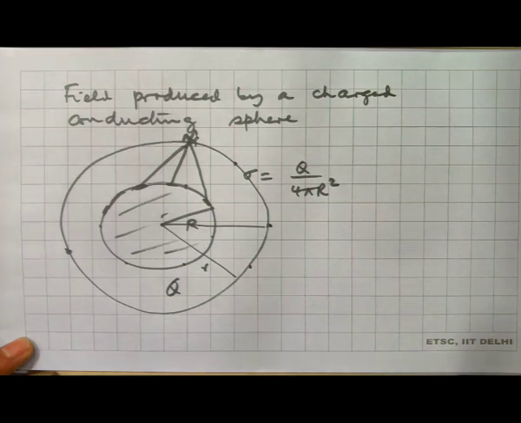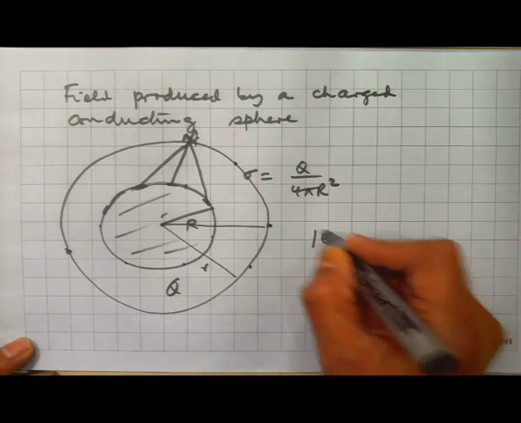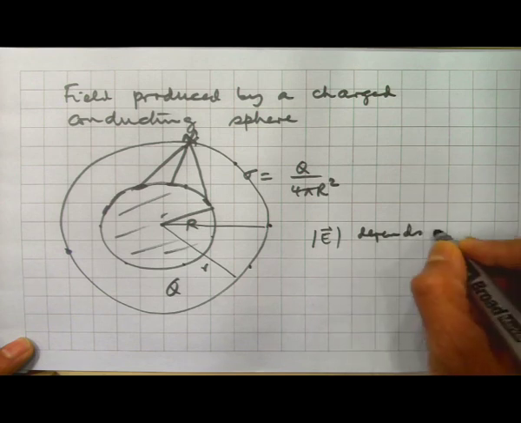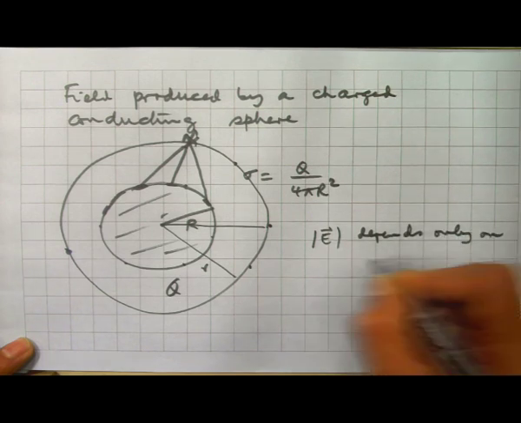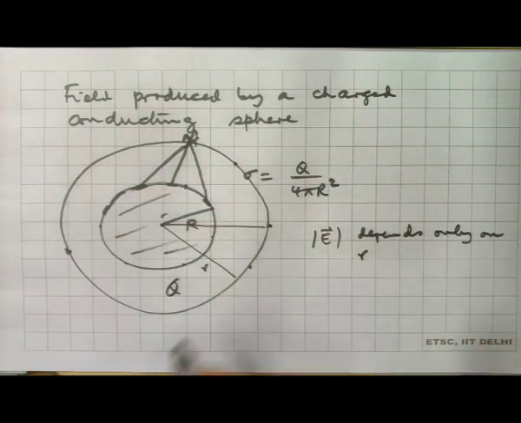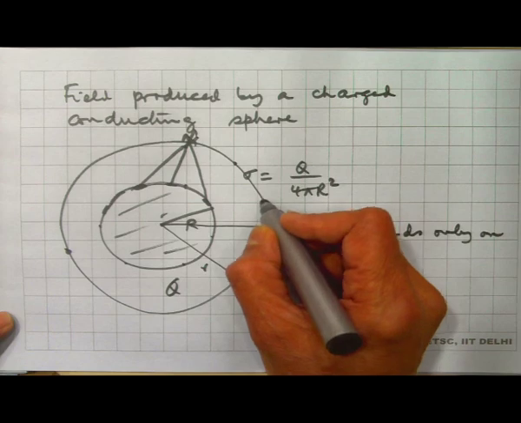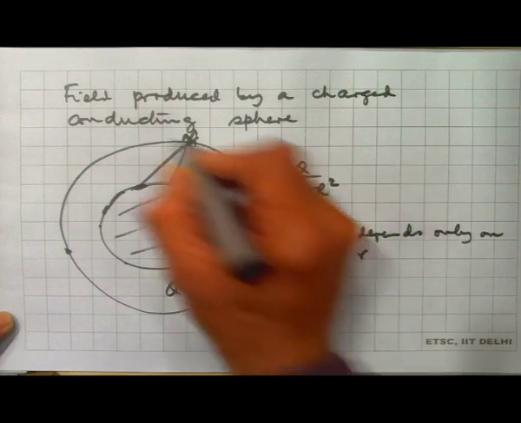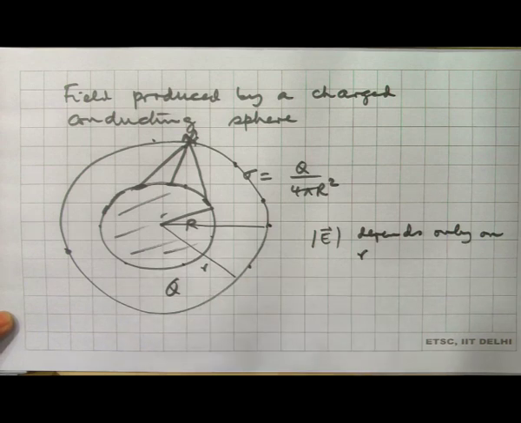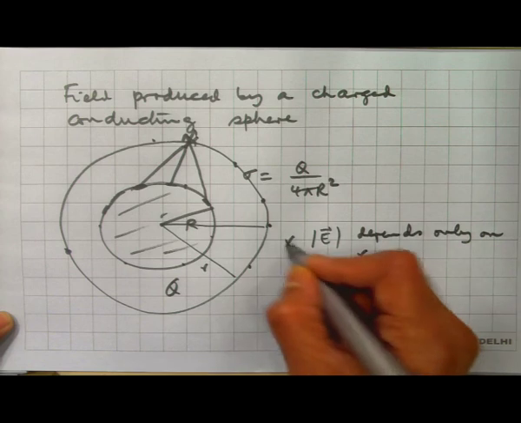So, first thing I notice is that the electric field magnitude depends only on r. It cannot depend on the position around the sphere. It will not change as I change from here to here to here, keeping the distance from the center constant; the electric field magnitude will remain the same. So, that is the first information I have got.